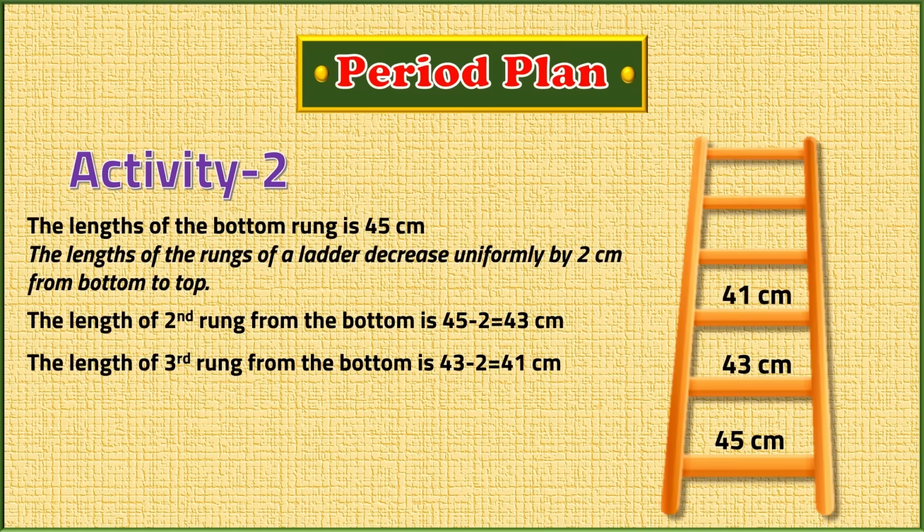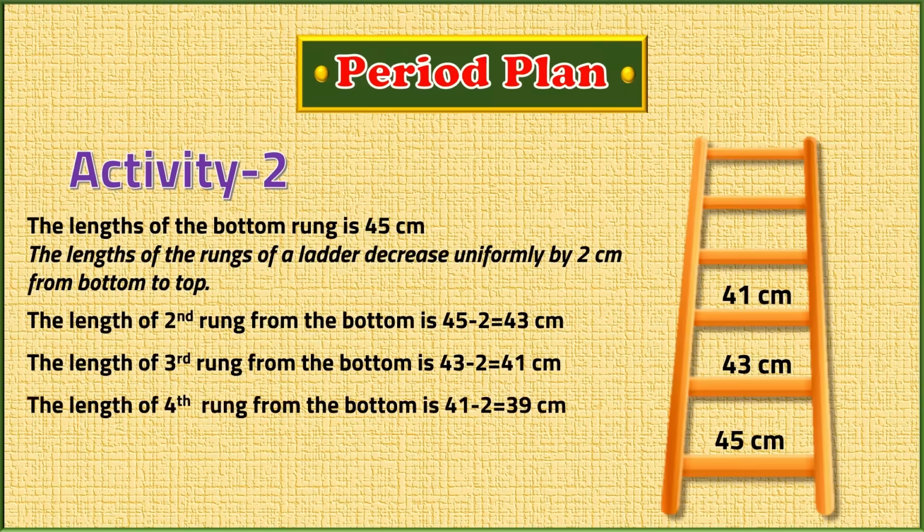What is the length of the third rung? 41 centimeters. For finding the fourth rung, how many centimeters will be subtracted from 41 centimeters? 2 centimeters, that is 39. What will be the length of the fifth rung? That is 37.